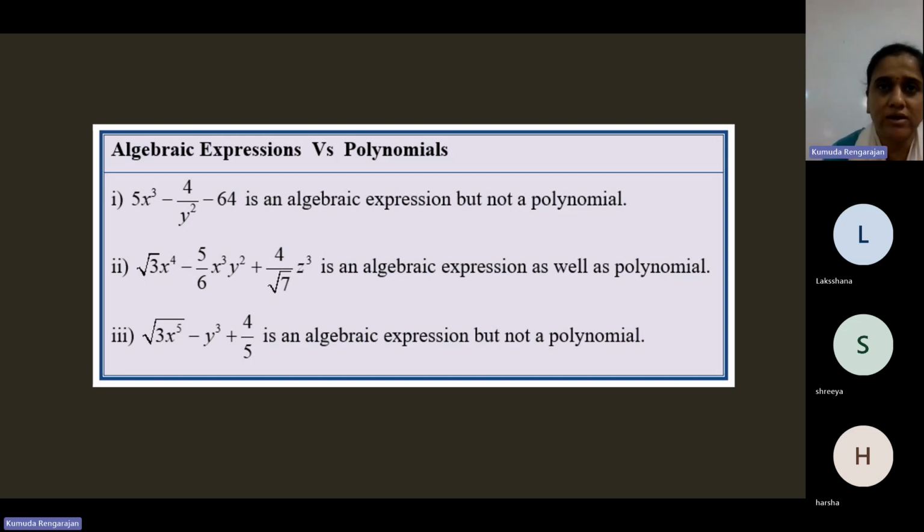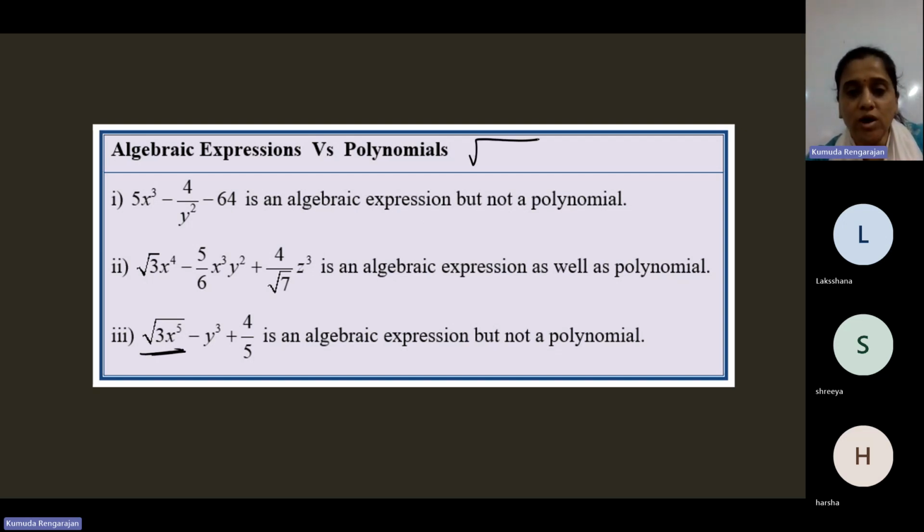Y is a variable, right? No, no. Correct. It's because of the first term.